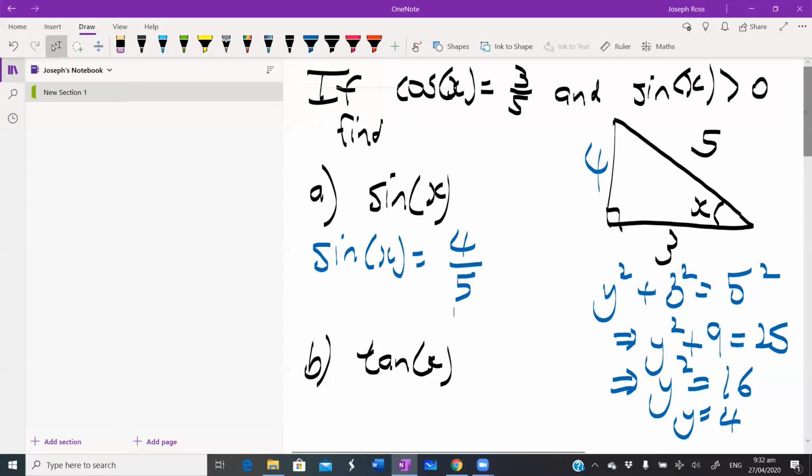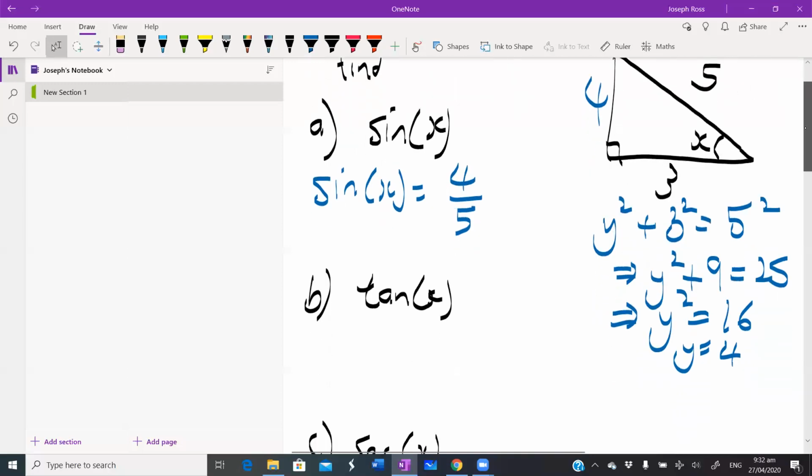Now, what about tan x? We know tan to be the opposite divided by the adjacent. So the opposite side is 4 and the adjacent is 3. We get tan of x is 4 over 3.